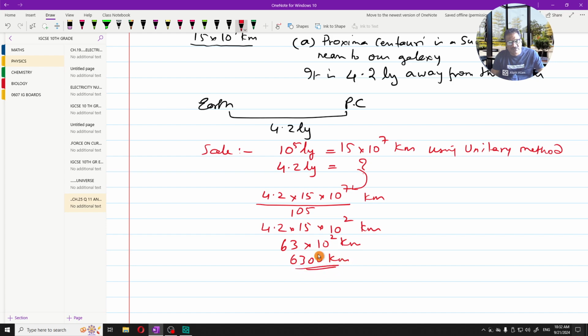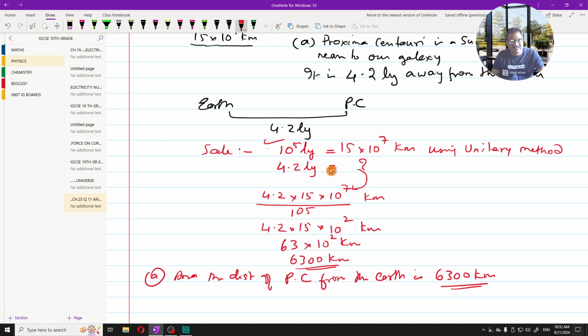So the answer for this A question is the distance of Proxima Centauri from the earth is 6300 kilometers with respect to this scale. That was the answer for part A of the question.